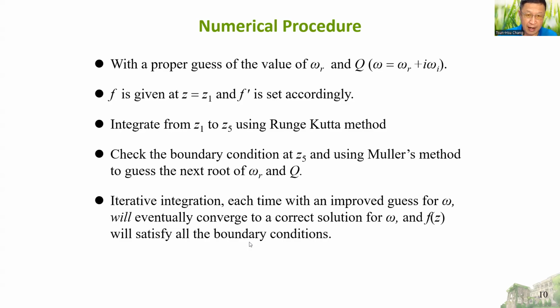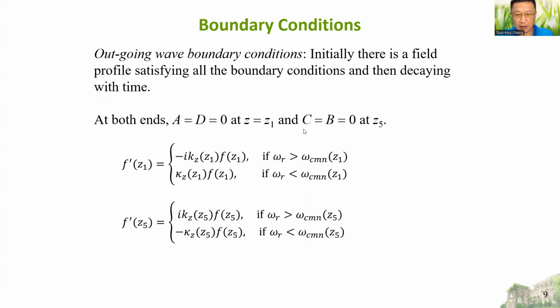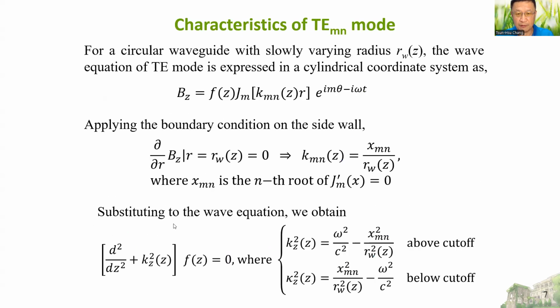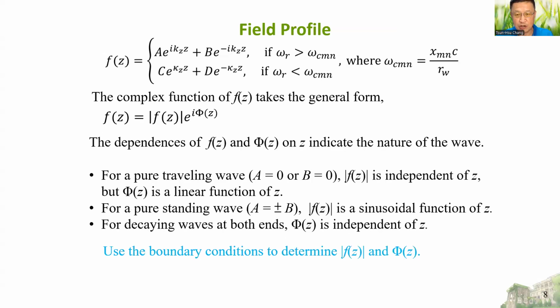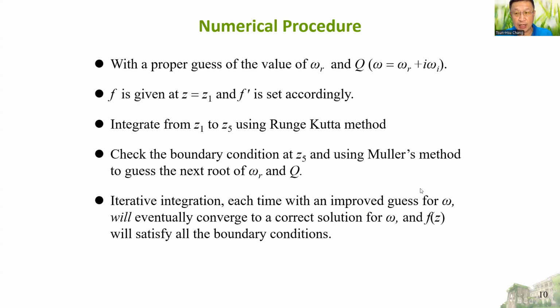Boundary condition, left-hand side at z1 is given. And then with this one, f prime is obtained, and then perform the Runge-Kutta integration for this equation from the left-hand side to the right-hand side, and then change the boundary condition and use Muller's method to determine the next possible root, okay?